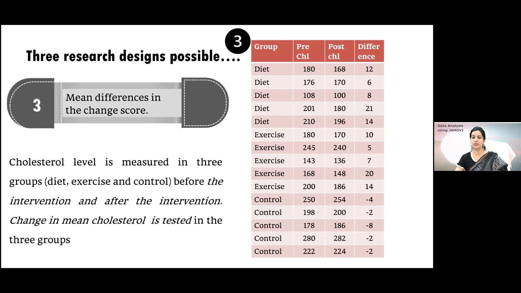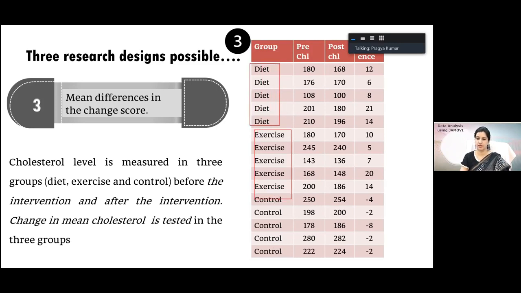If you want to see whether there is a change in the mean score between these 3 groups, diet, exercise, and control, we will compare this change score. So these 3 we are going to test. Then also we can apply one-way ANOVA.